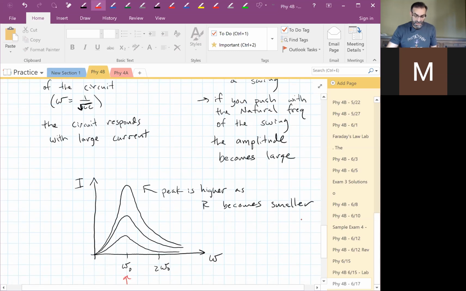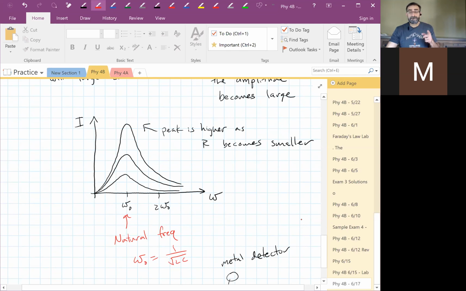Oh, the other thing is a radio signal. You're in your car, you turn the knob to tune it to a specific radio station, and you can hear that radio station. You turn it a little bit to a different radio station, you hear a different radio station. How does that work?